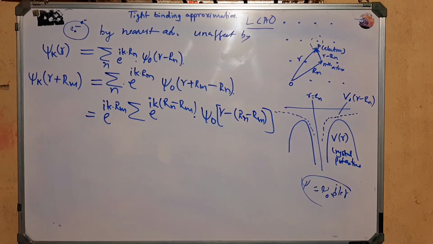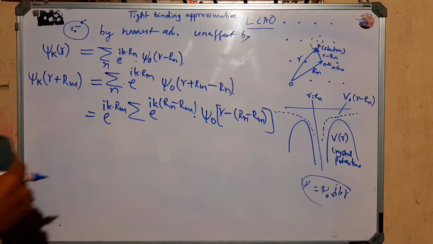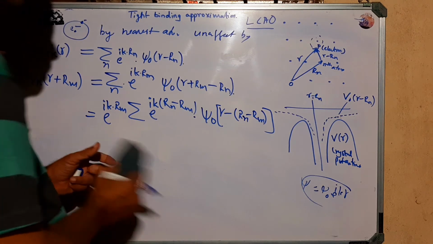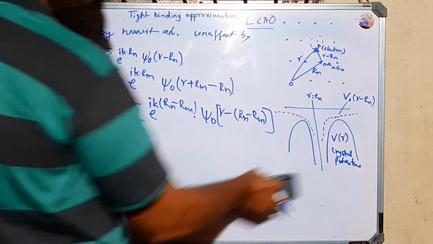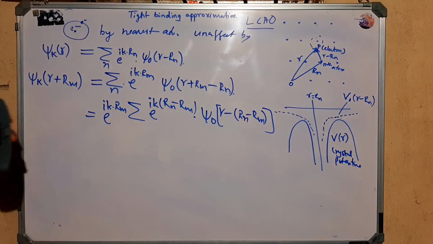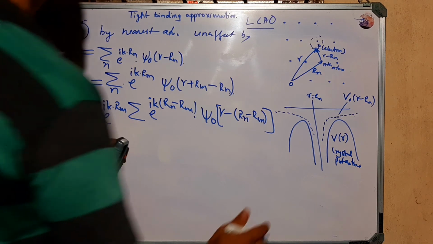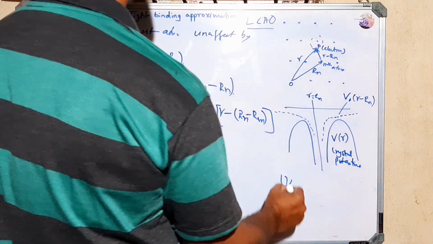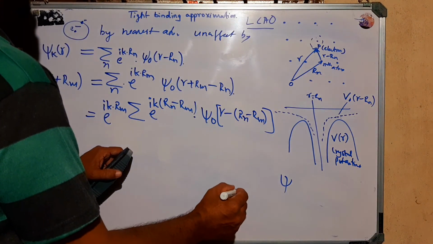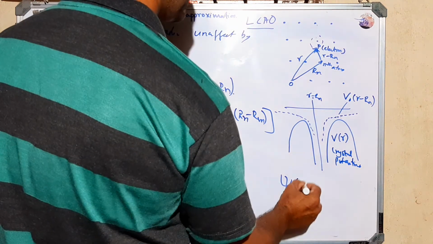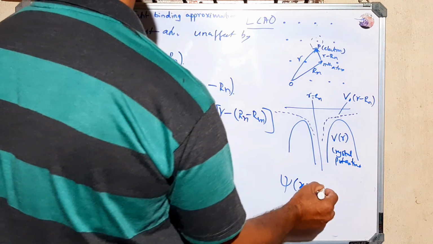Whenever you are considering this, it is just in the form, if you recall the Bloch theorem, in which we have shown the proof that xi of x plus a is equal to what?